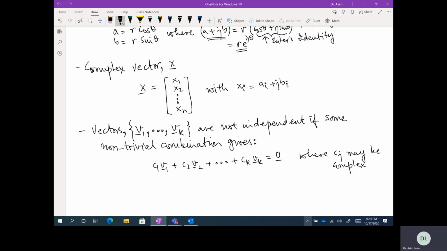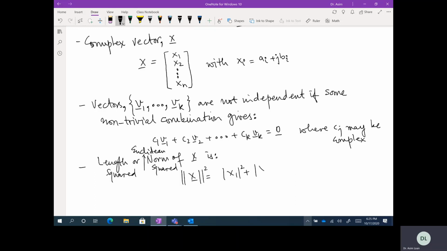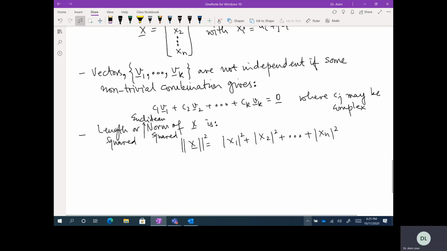And we already saw the length or Euclidean norm of the vector x. Actually the Euclidean norm squared, so length squared, is the absolute value of x1 squared plus the absolute value of x2 squared and so on.